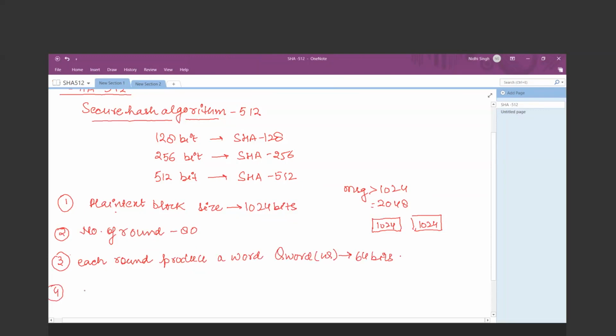For processing, each round uses one constant. This constant table is fixed and predetermined. So in each round we use a K constant, which will be given to you in hexadecimal format.